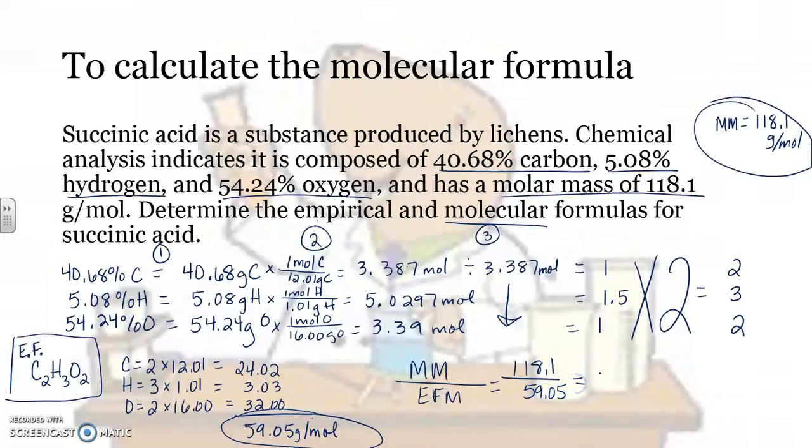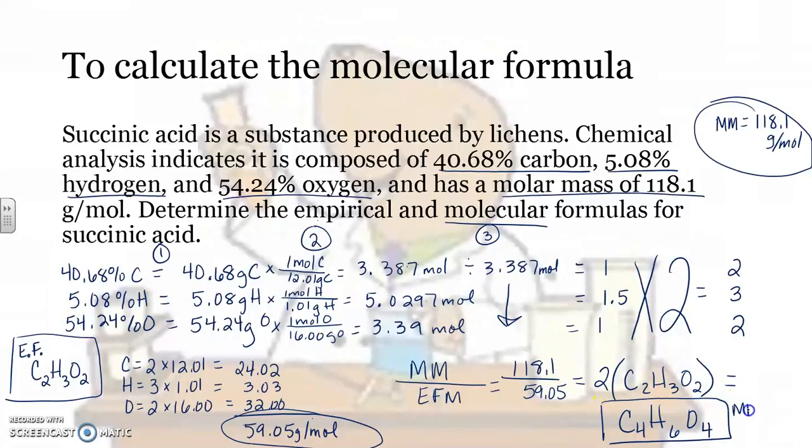You're trying to get a whole number here. So this gives us 2. This is the number that we're going to multiply by our empirical formula. So we multiply C2H3O2 by 2, and that gives us C4H6O4, which is the molecular formula of our compound.